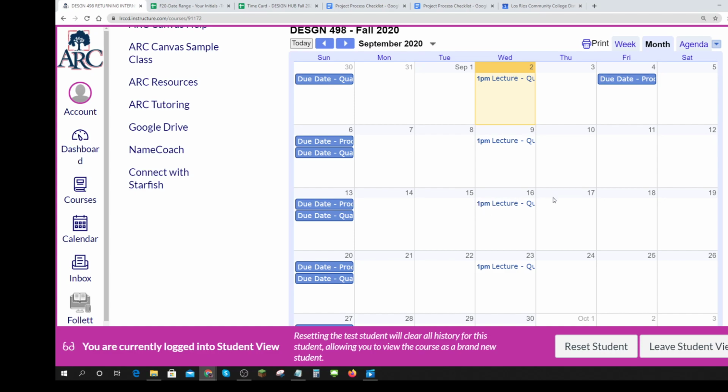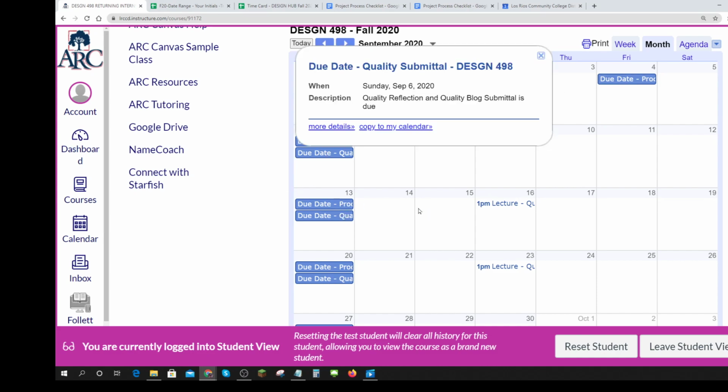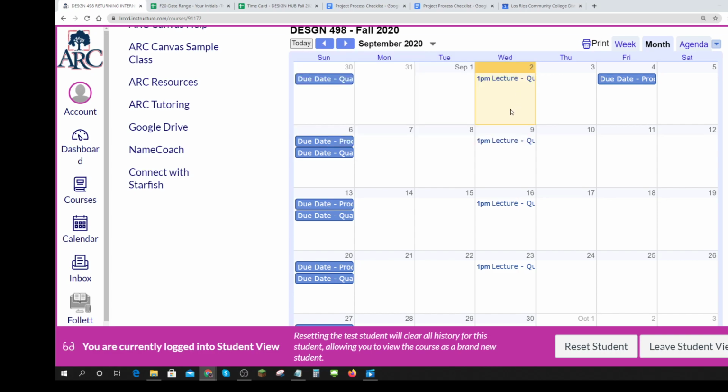Oh, I think I moved it. Ooh, that's interesting. Okay, I've got a problem there that I have to go through. And then your quality submittal, quality reflection, and quality blog is due also on the 6th.